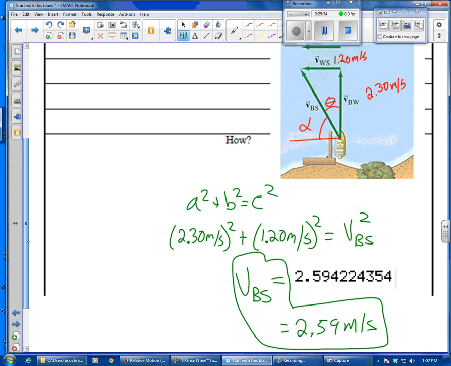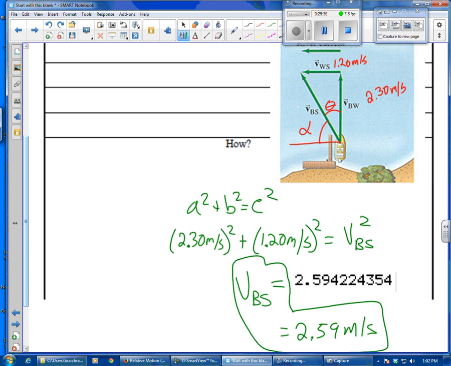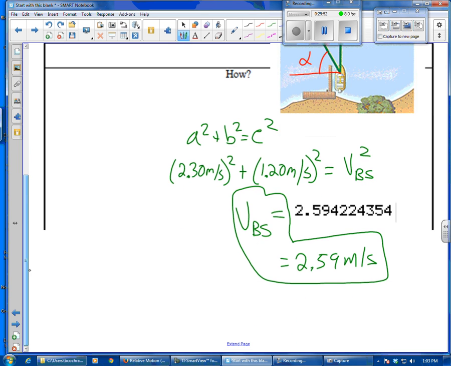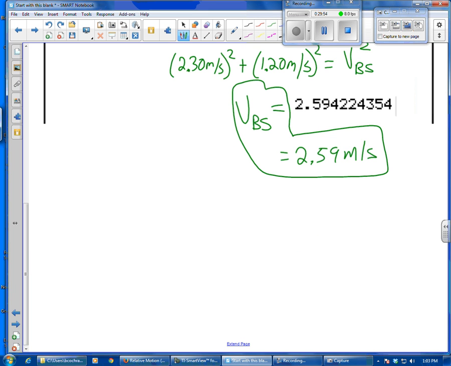And now I'm going to figure out theta and then subtract theta from 90 to find alpha. So theta, because I have to find an angle, I can only find an angle inside my triangle, right? So theta, oh, I know the opposite side, and I know the adjacent side. So the relation between opposite and adjacent is tan.